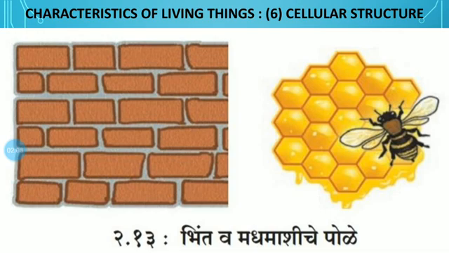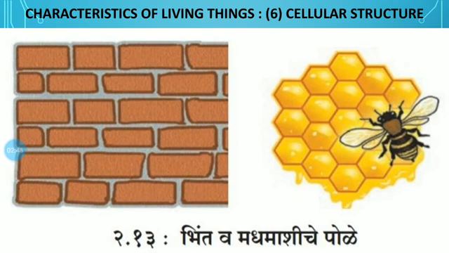You may have seen the small compartments of a honeycomb. These compartments are joined together to form a honeycomb. A wall has bricks. To construct a wall, we firmly join the bricks together. We have seen small room-like structures in that honeycomb.